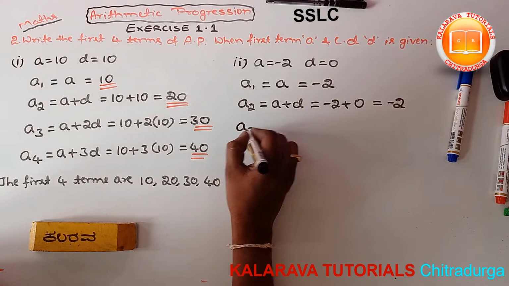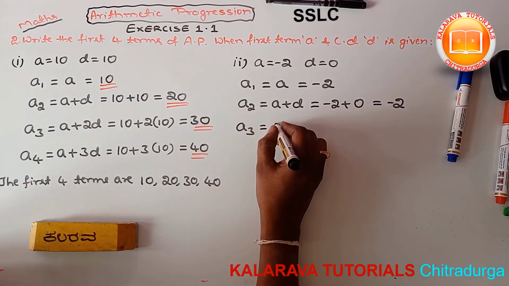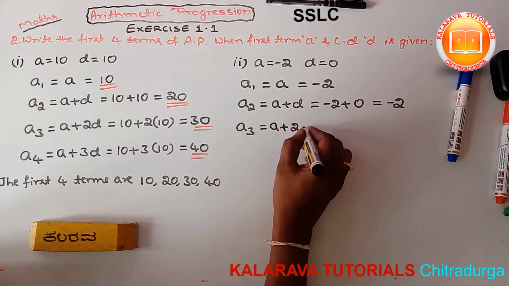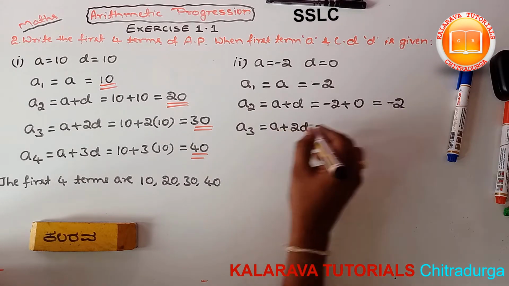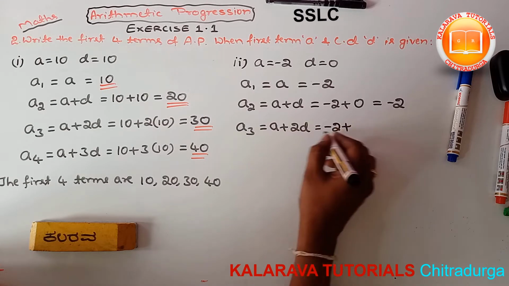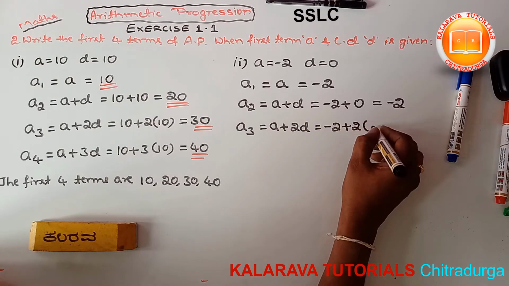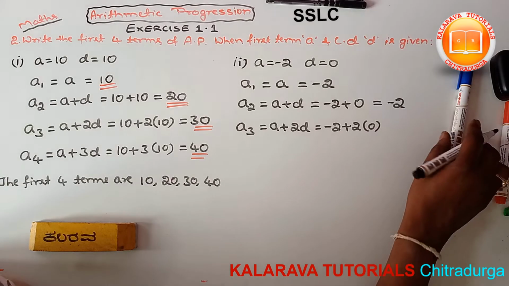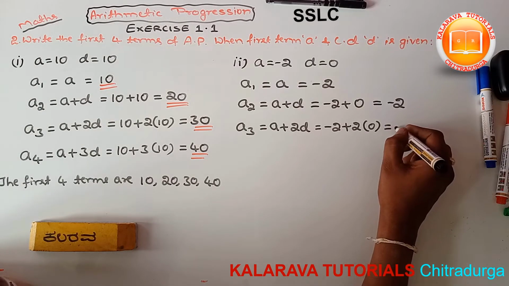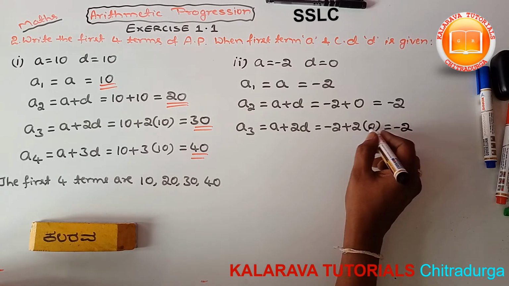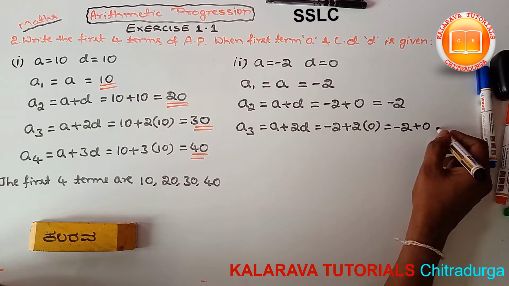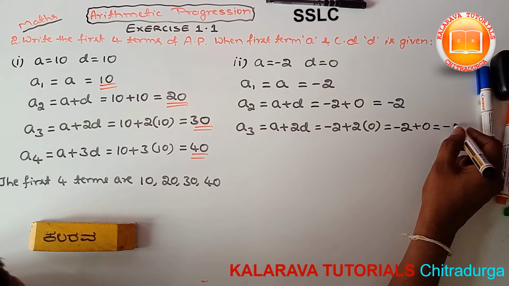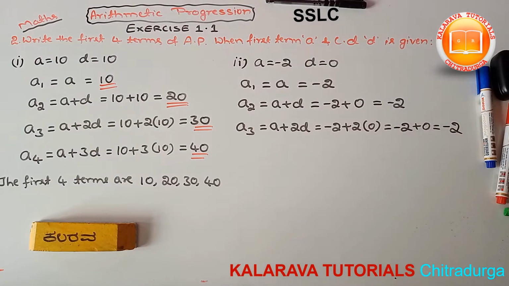Then we take A3, the third term. A3 is A plus 2D. So A is minus 2 plus 2 into, in the place of D you substitute 0. So here you get minus 2 plus 2 into 0, you get 0, minus 2 plus 0, you get minus 2.